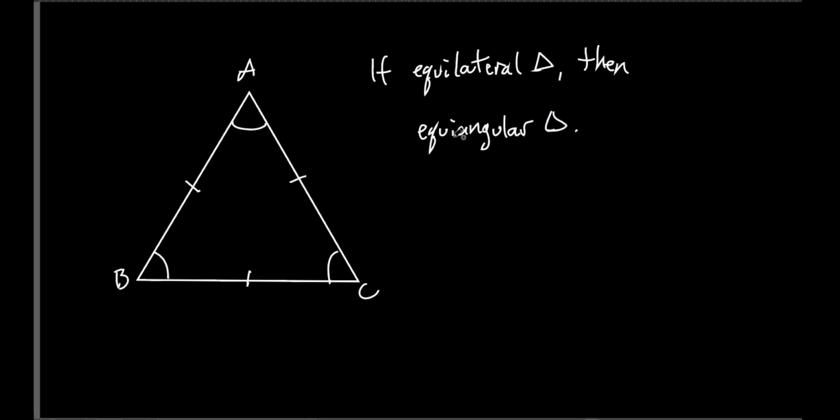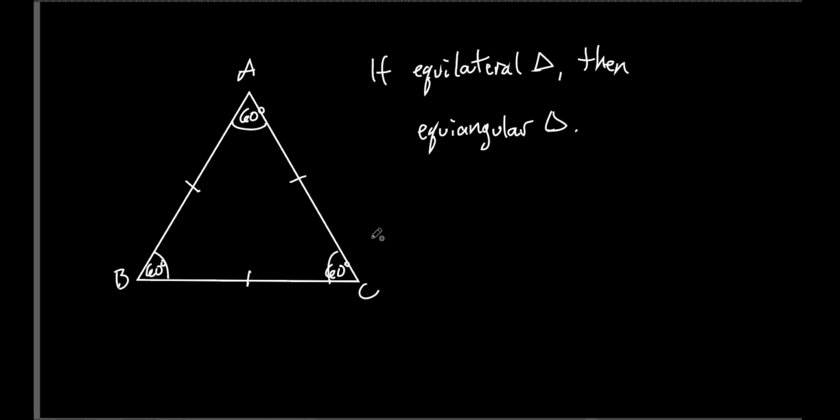Nice little shortcut. Everybody good with that? So if it's equilateral, automatically it's equiangular. If you just know that all three sides are equal in a triangle, then you also know that all the angles are equal. And if all the angles are equal in a triangle, they're all how many degrees? 60 degrees. So we're learning a lot of different stuff now about triangles, about the angles inside them and all that good stuff.